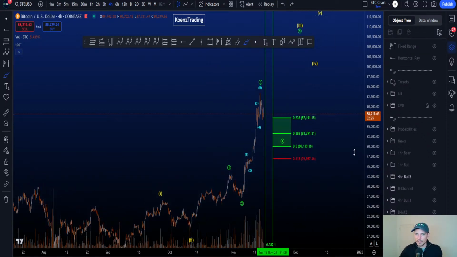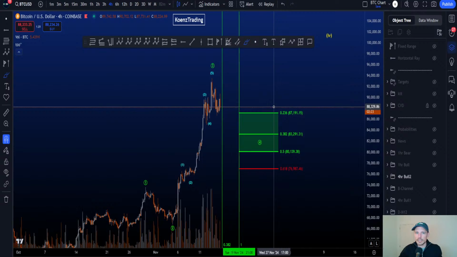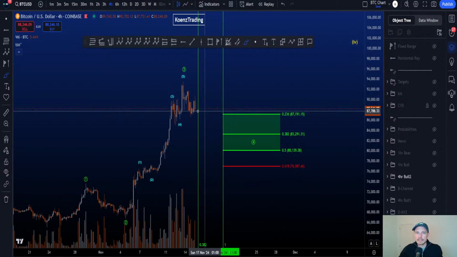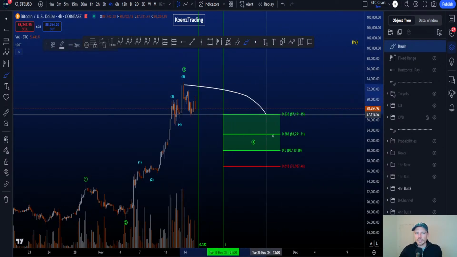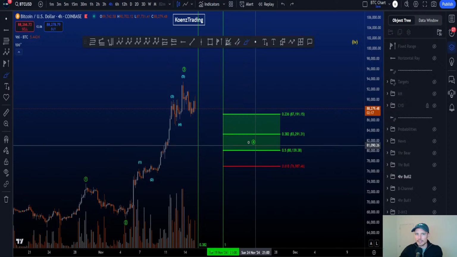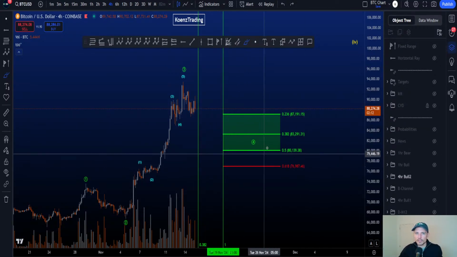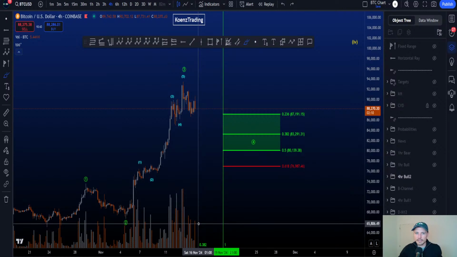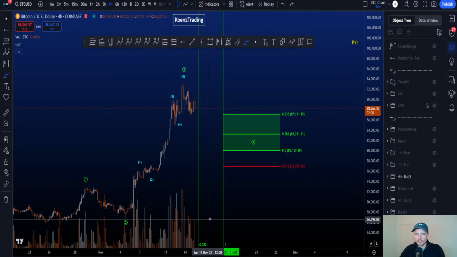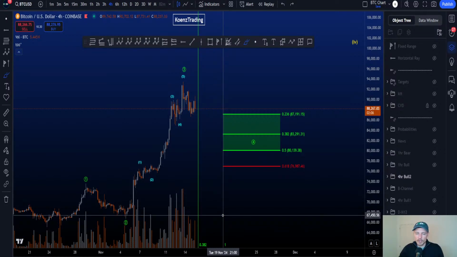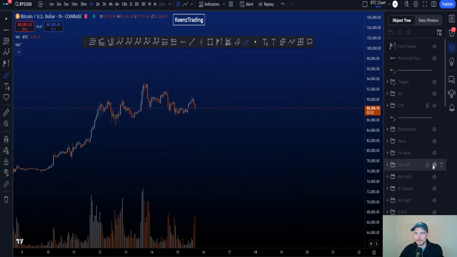But being conservative is generally better than trying to count too many 1-2s. So the reason that now a green 4 in this case has a higher probability is because of the lower time frames. And you want this wave 4 in green to end at least after Saturday 1 a.m., which is tomorrow, and preferably after the 19th of November.